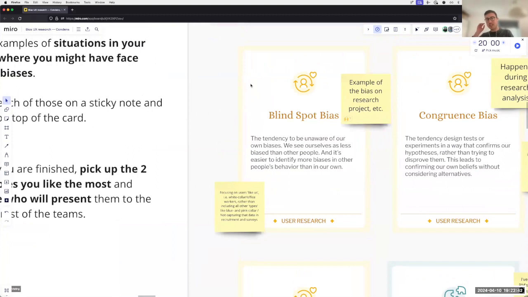So yeah, the blind spot bias. I experienced this myself when I worked for a job board company. We worked with job seekers, people who are looking for jobs.